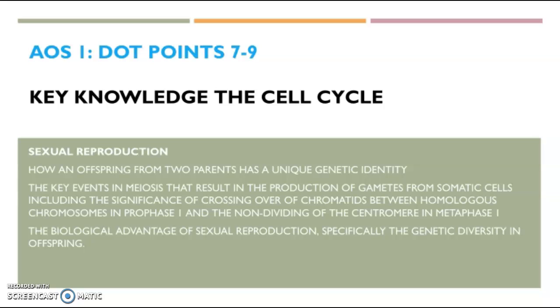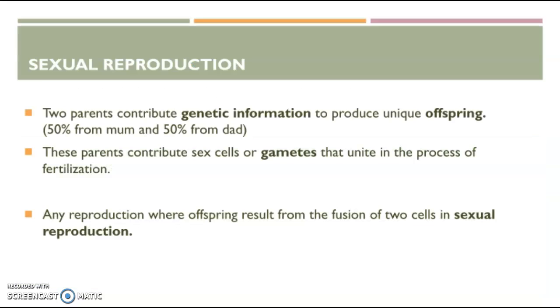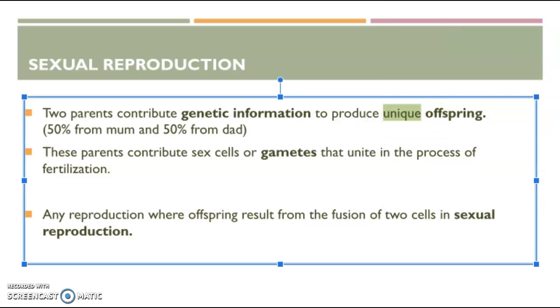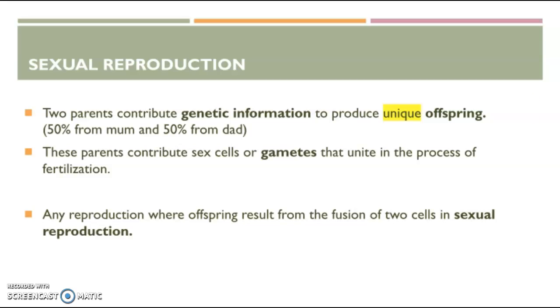All right, what is sexual reproduction? It is where two parents are going to come together. They are going to contribute their genetic information to produce unique offspring. So our offspring are genetically unique, and that is because we are getting 50% of DNA from mum and 50% DNA from dad.